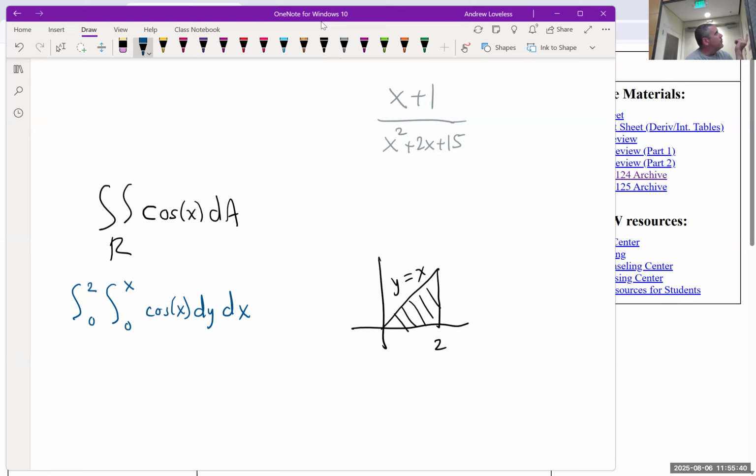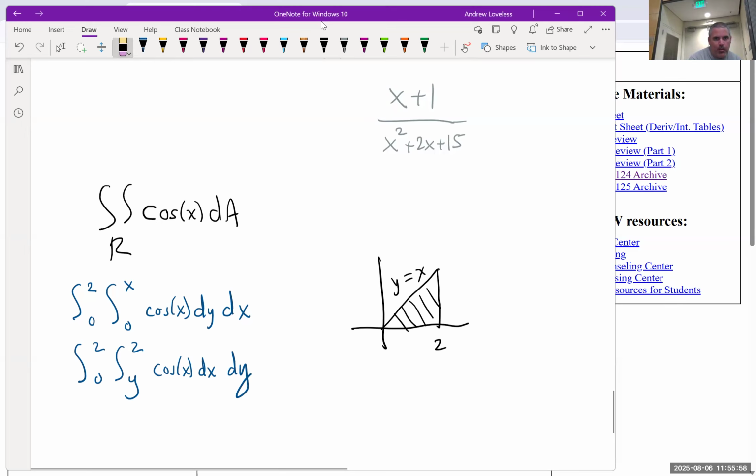So that's one setup. And then the other would be the integral from 0 to 2, y to 2. But the one I want to talk about is this first one.